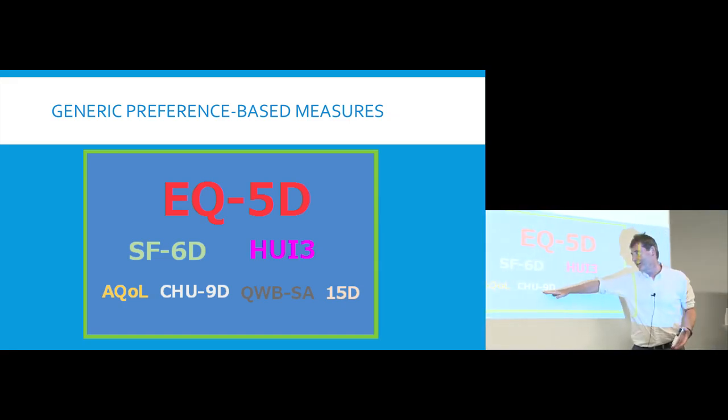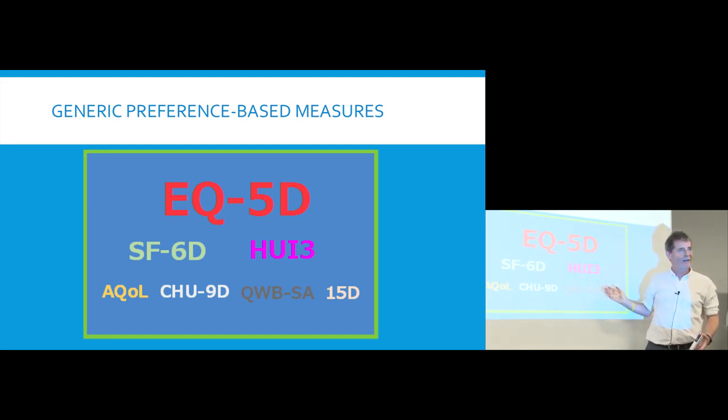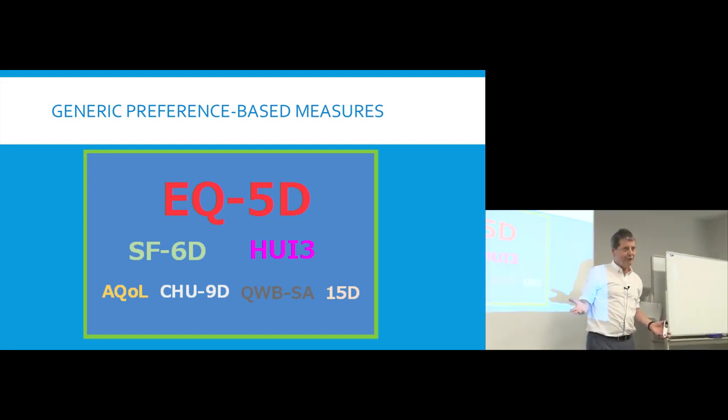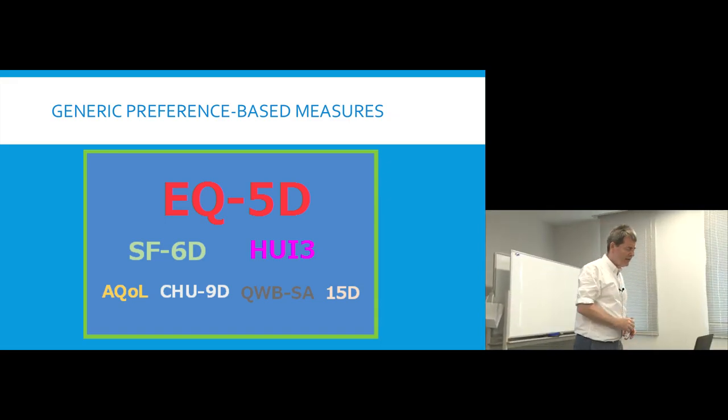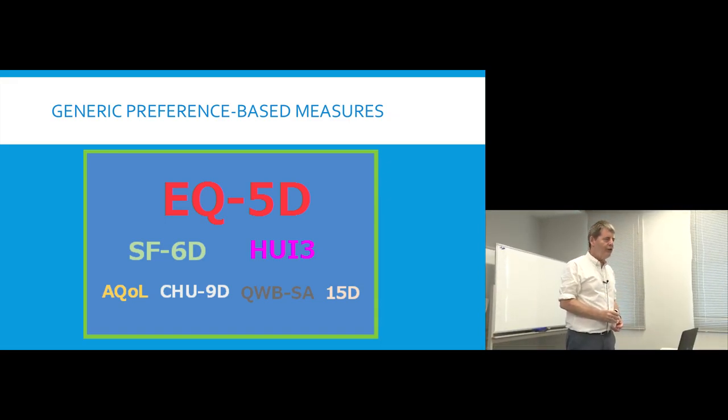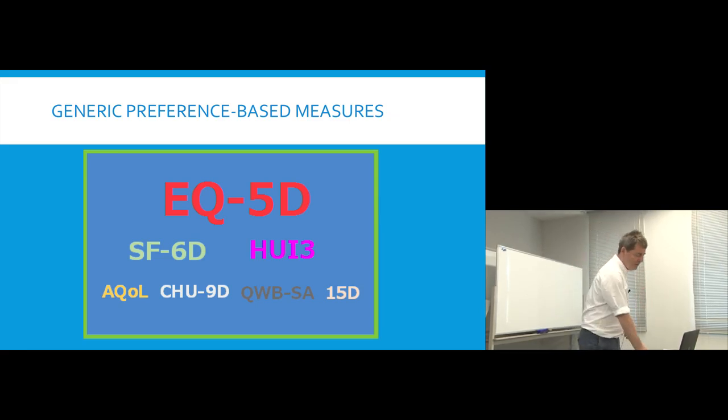Now, the dimensions of this and the levels have been carefully chosen to be more relevant to children. Everything else is an adult measure, and what's relevant for adults may not be relevant at all for children, or certainly less relevant. We don't have a huge amount of data on it yet, and there's a very interesting problem for economic evaluation, and that is if the condition has consequences over time.